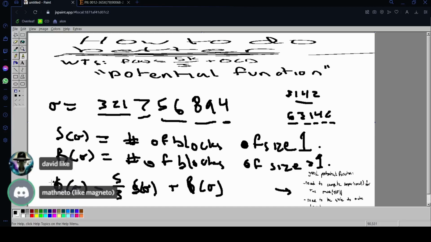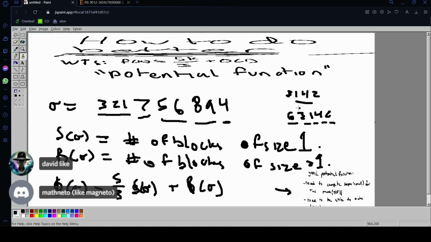Yeah, and they basically define phi of sigma, I believe, to be this, where it's 5/3 the number of singletons plus the number of big blocks. So what was your question? Do you want to say it now? Yeah, what was the thing with the modulo k? Yeah, so here, if we have 4 letters, then 1 and 4 differ by 1 mod 4, and so they'd be considered a block.